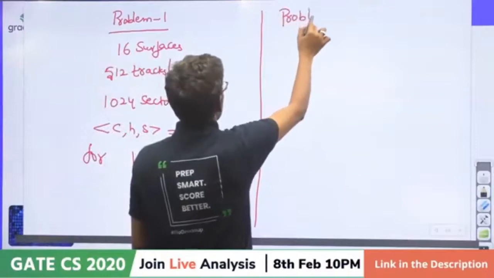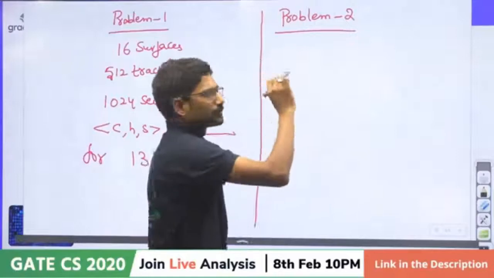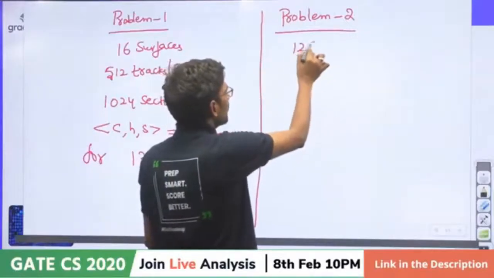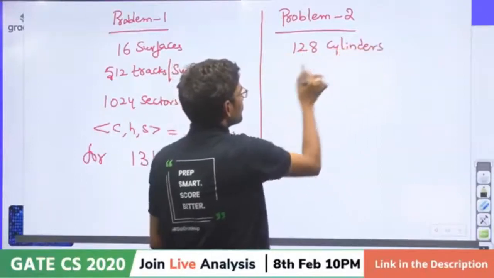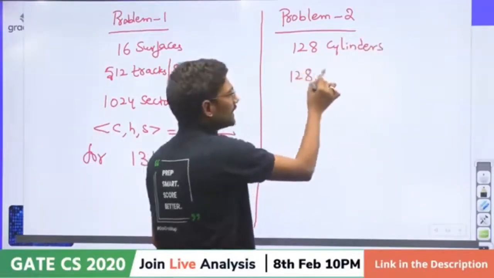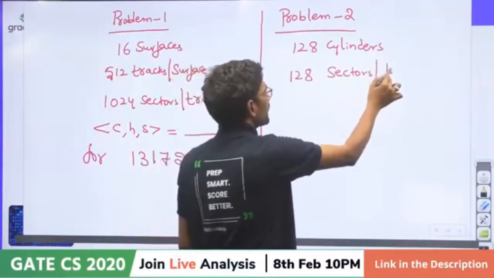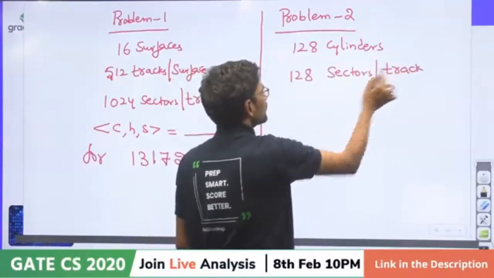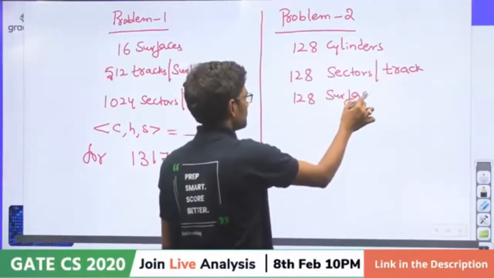And the second problem is, there are 128 cylinders, 128 sectors per track, 128 surfaces.